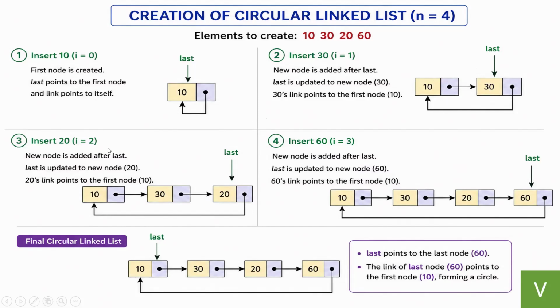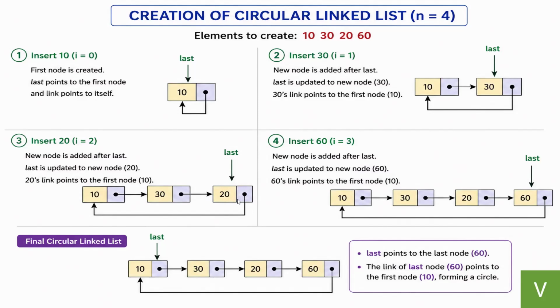In the third iteration, by using malloc, we will create an empty node. Similarly, second step, we will scan the input element, that is 20.